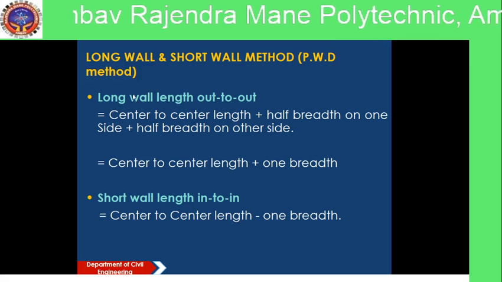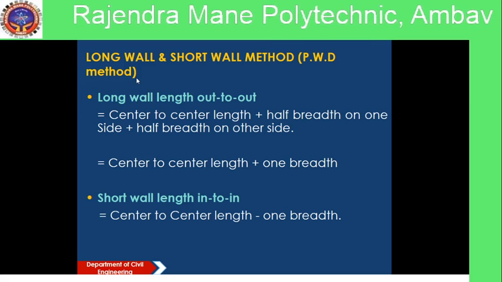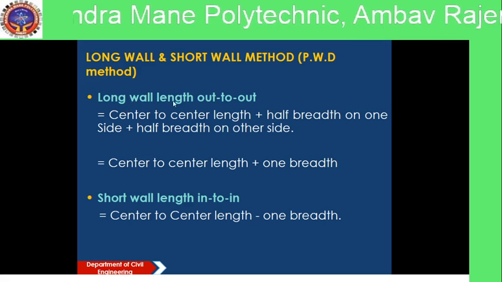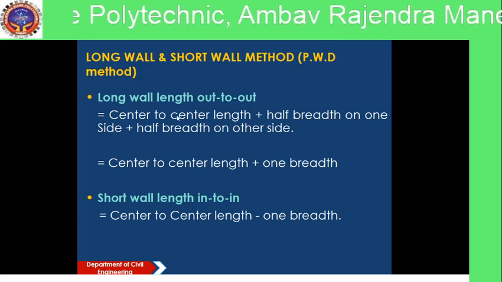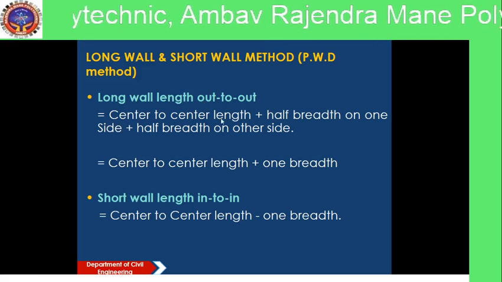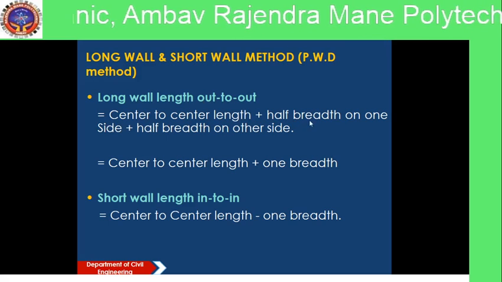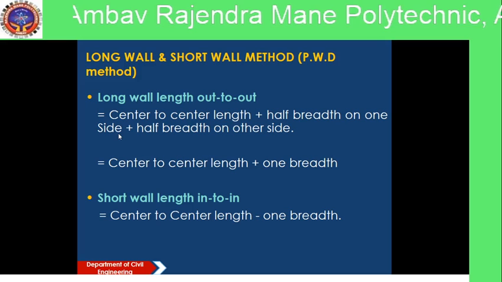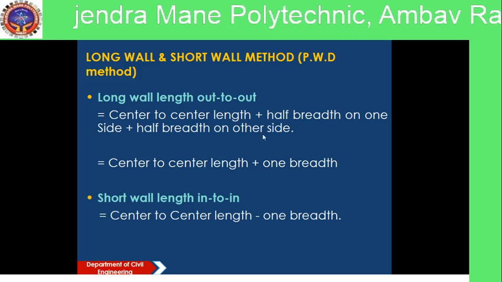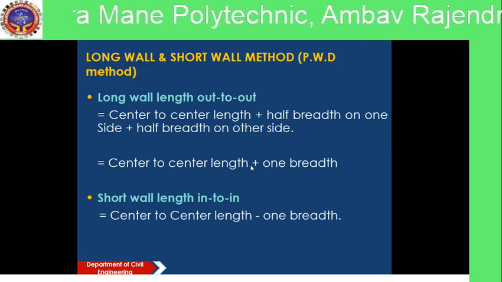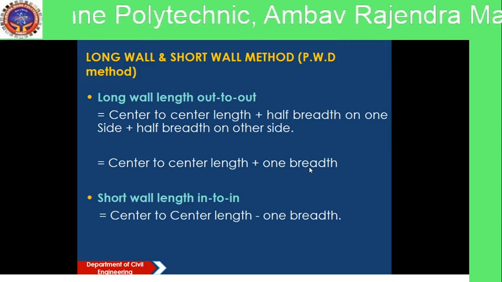Again we will revise the long wall. Length of long wall is the out-to-out length, which is equal to center length plus half breadth of one side wall plus half breadth of the other side wall, or center-to-center length plus one breadth of wall.